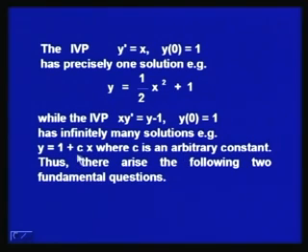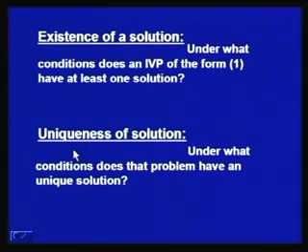Now, since c is an arbitrary constant, the given initial value problem has infinitely many solutions, and thus there arise the following two fundamental questions. Number 1, existence of a solution: under what conditions does an initial value problem of the form 1, that is dy by dx equal to f x y, y at x naught equal to y naught, have at least one solution.